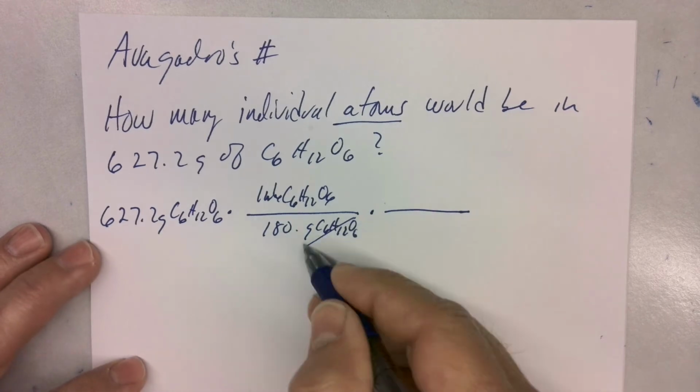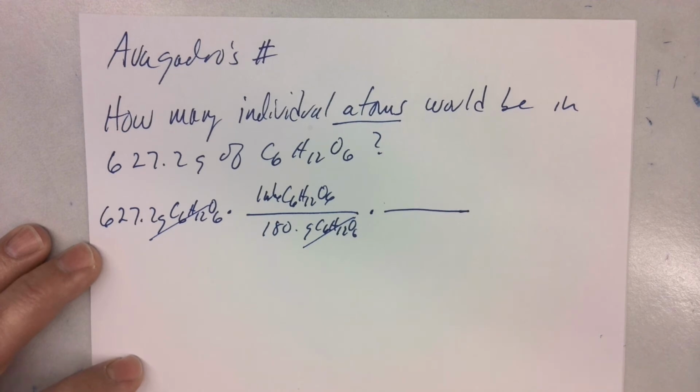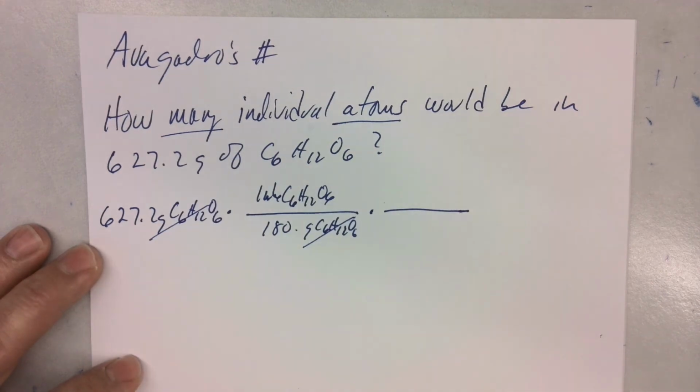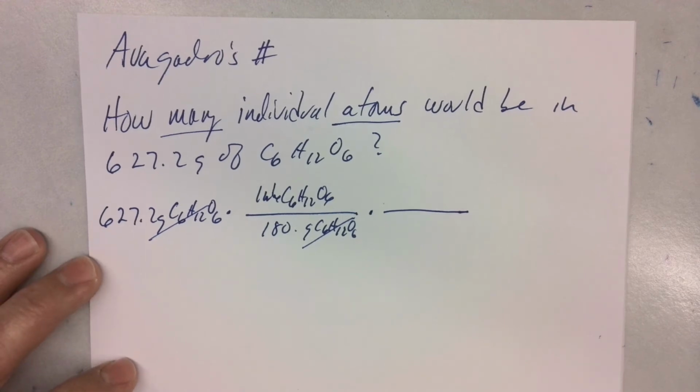If I stop there, I'd be in moles, right? But I need to know how many. So anytime I saw how many, where am I probably going to go? I'm going to go from moles to, we just talked about this, moles to molecules. How do I go from moles to molecules?